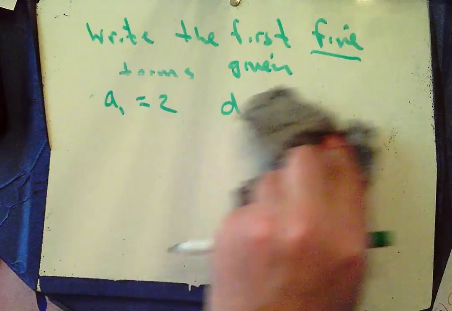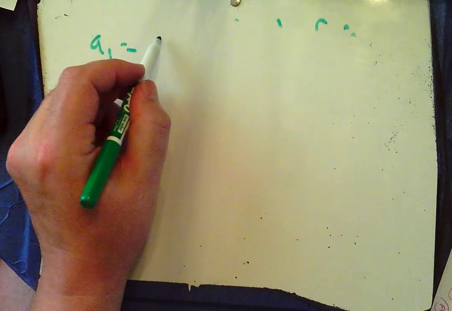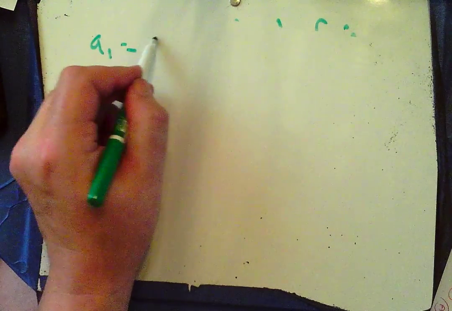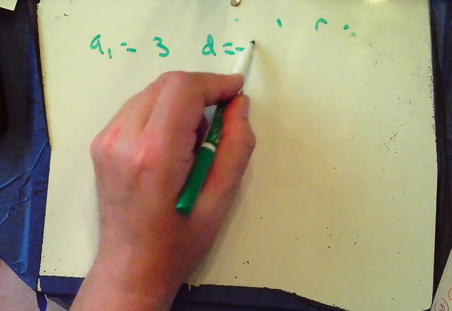But if the problem gives us something different, for example, a sub 1 equals 3 and d equals negative 2.